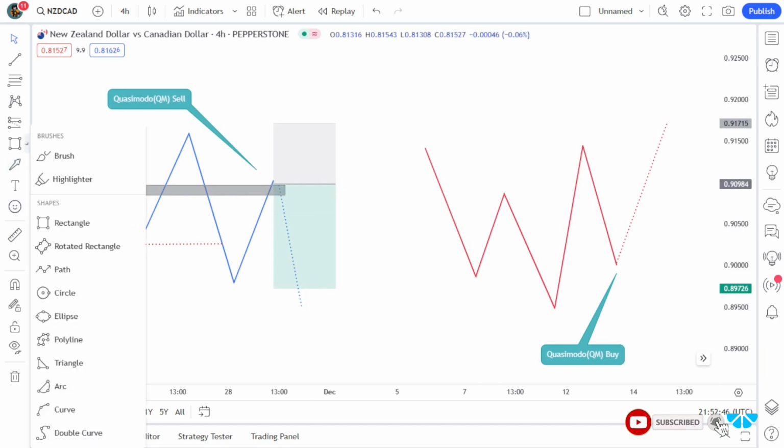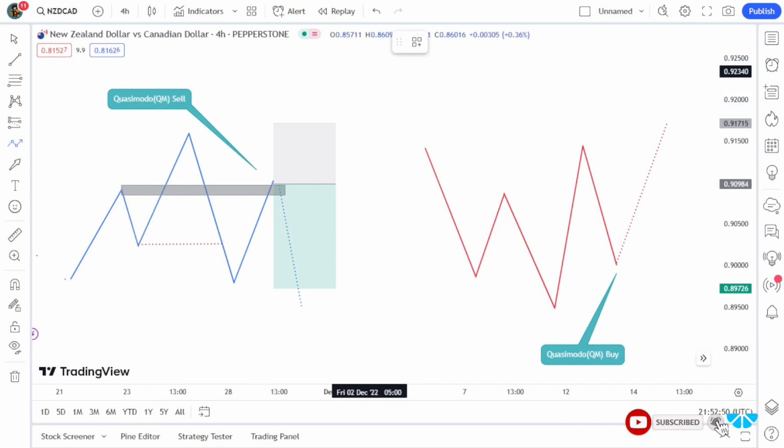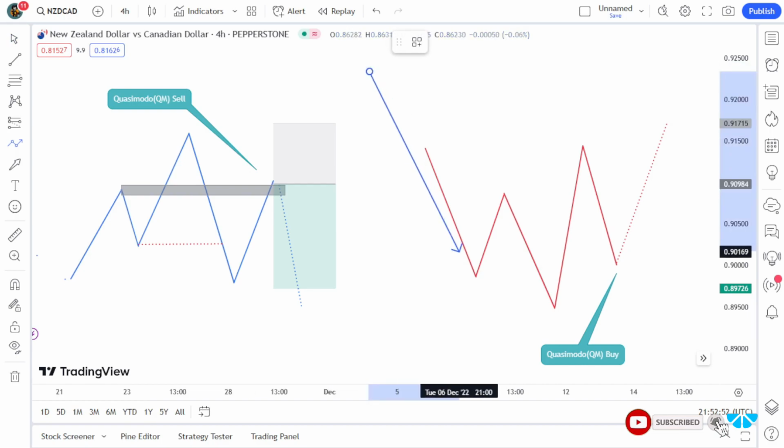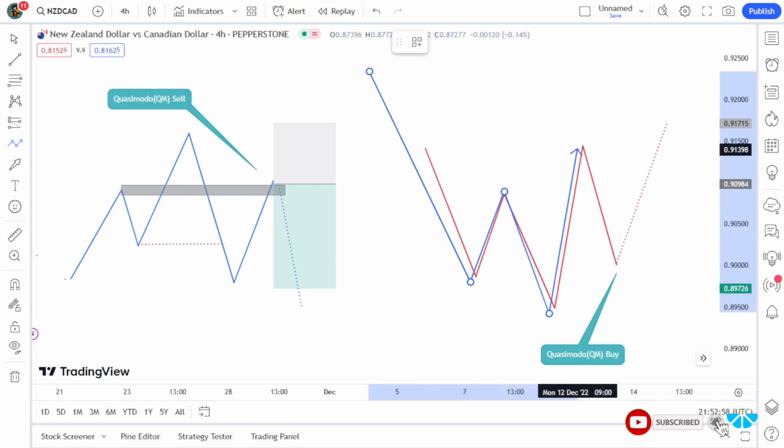Now, how do we know when to buy in Quasimodo? Price makes a low, lower high, lower low, and higher high. Why did I say this?